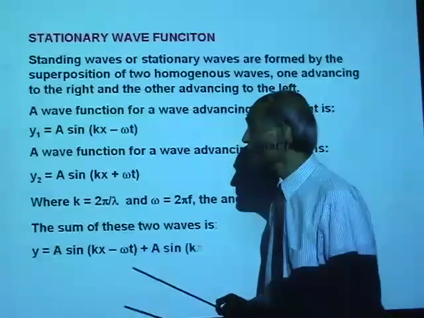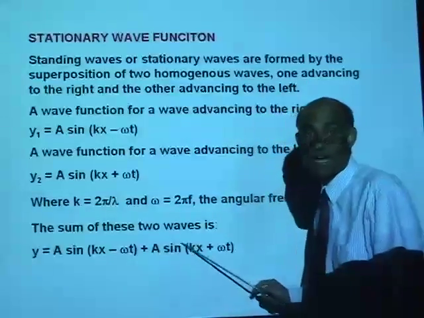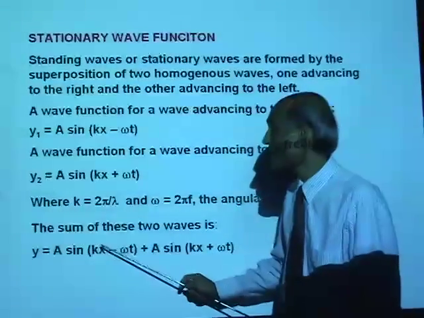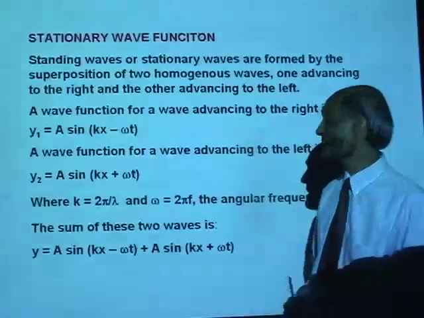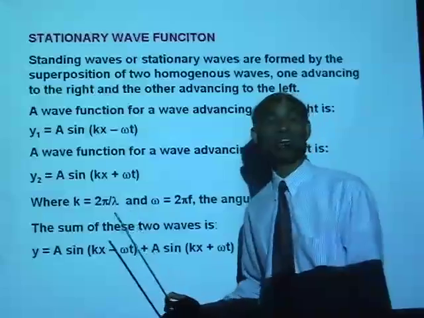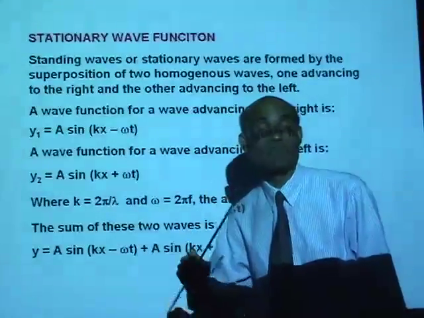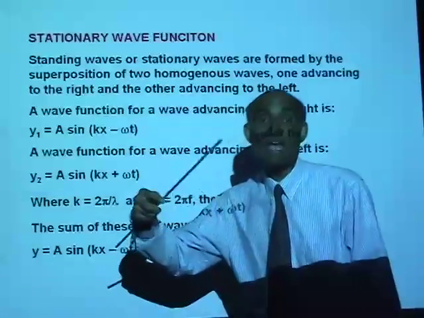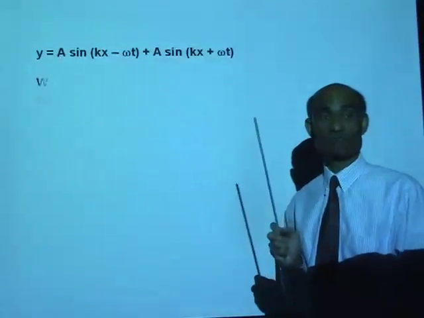Now the sum of these two waves is y equal to y1 plus y2, A sine(kx minus omega t) plus A sine(kx plus omega t). Now, can you use the equation I gave you in the last class, sine of A plus sine of B, and expand this?